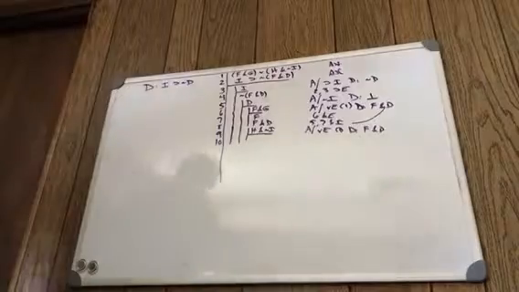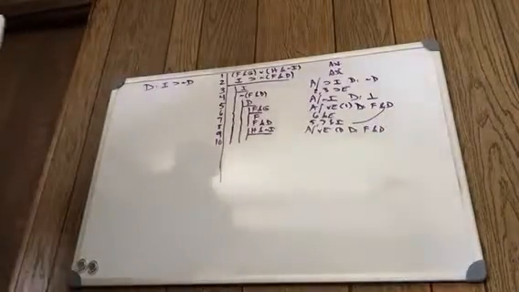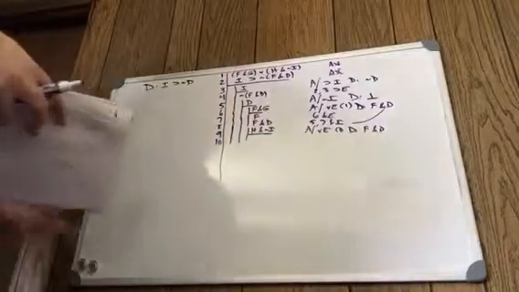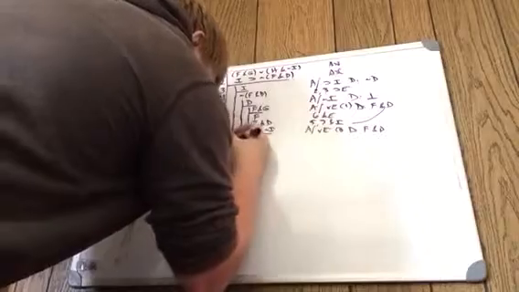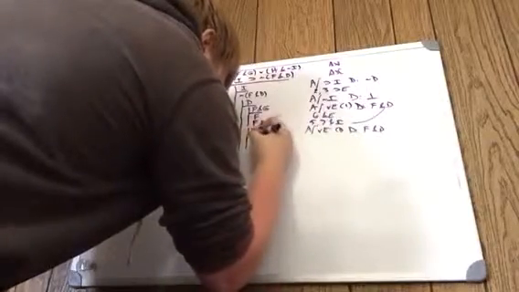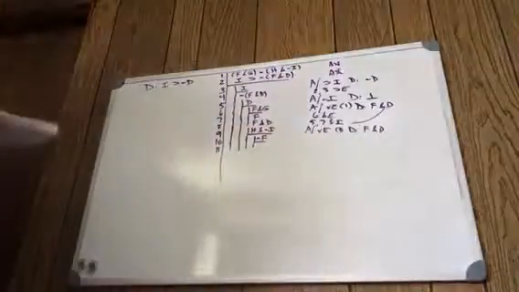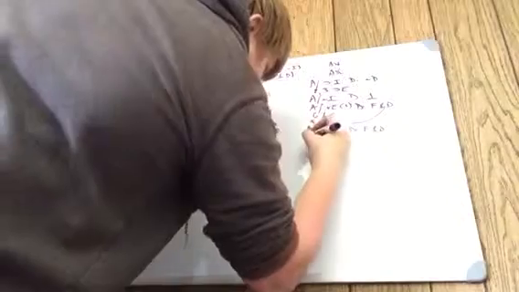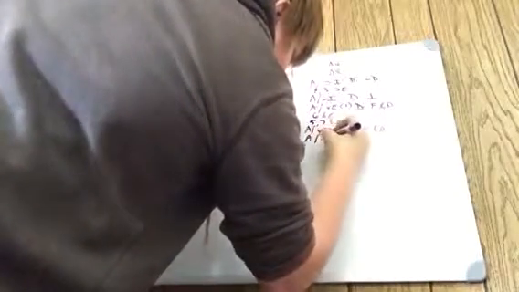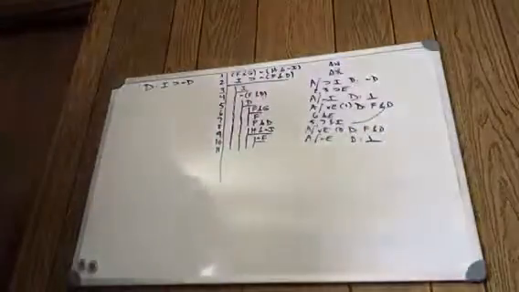So what I would do is assume the contrary of F. We assume tilde F. For tilde elimination, we want a contradiction.